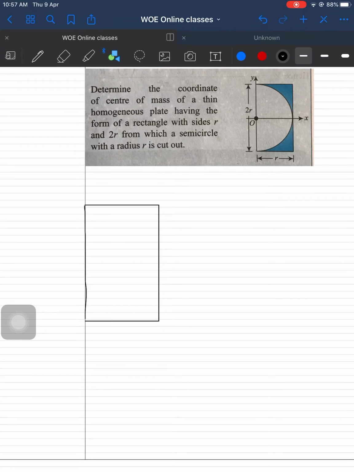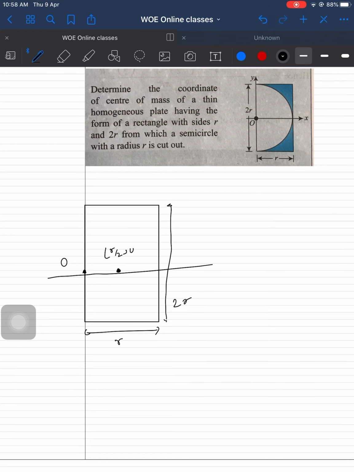This is the whole plate, and this is the origin. The whole plate's center of mass will be at the middle. The width here is r, and the height is 2r. So at r by 2 comma 0, this is the x-axis, right? R by 2 comma 0 is the position of the center of mass.